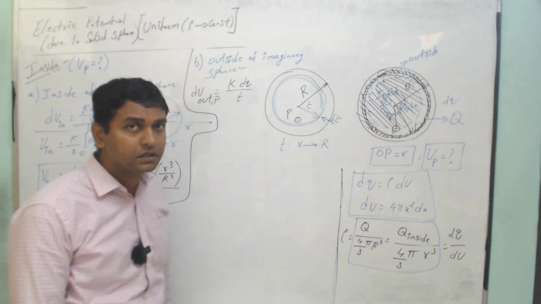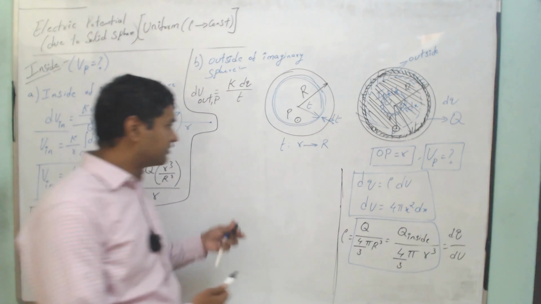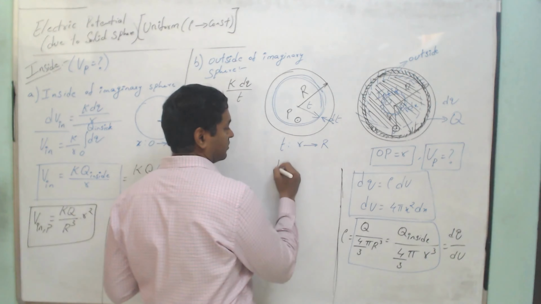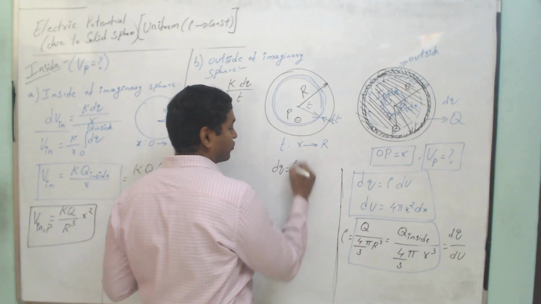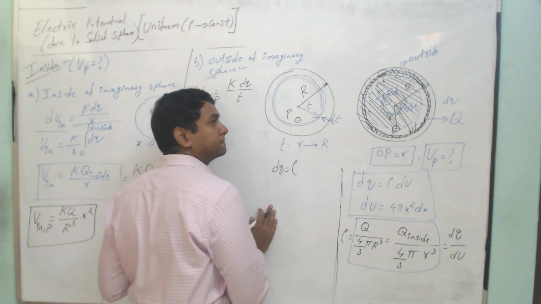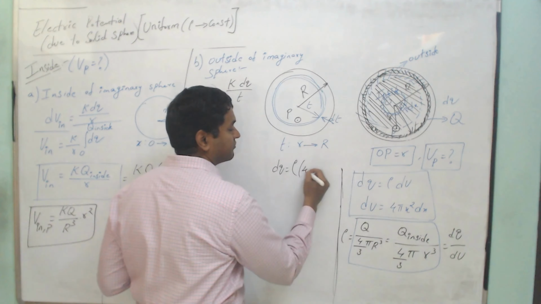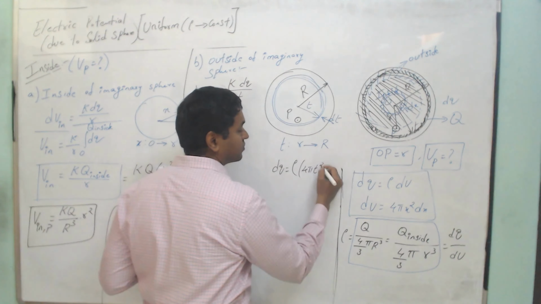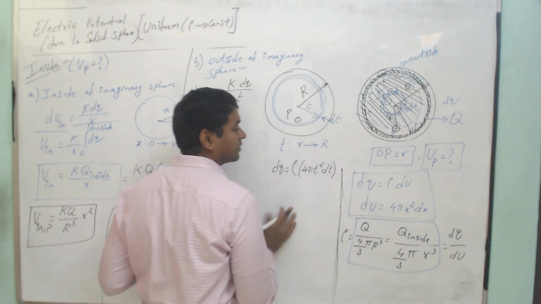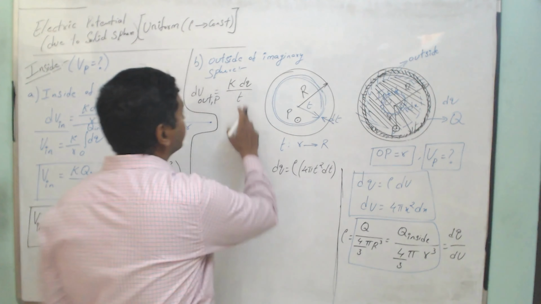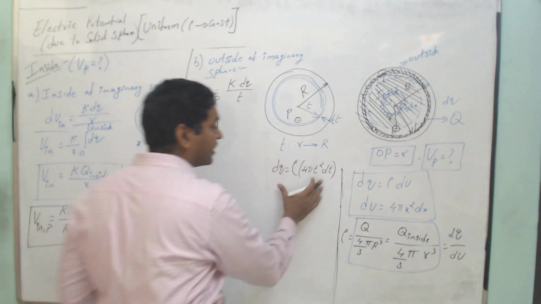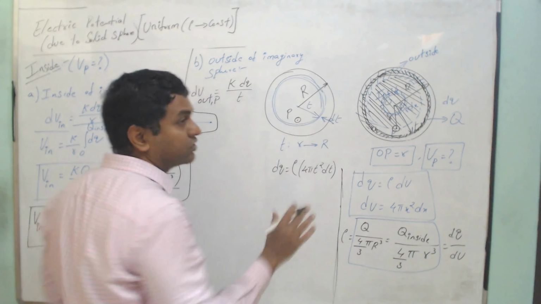Fine. See, our dq will be what? Rho into dV. Here my dV, in place of x, I'll have 4 pi t square dt, correct? And because there is small t over here, I'll have to substitute this entire story here.